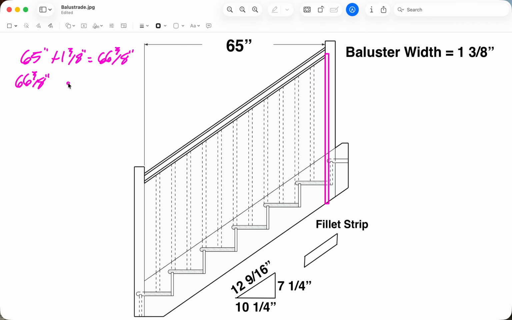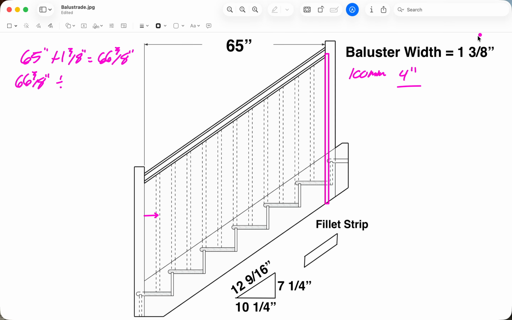And we're going to go divided by our approximate space plus a baluster. So basically our space plus the baluster total, and then we will get how many space-balusters we need to get across this width. The building code says that we can't have a space larger than 100 millimeters, which is 4 inches.